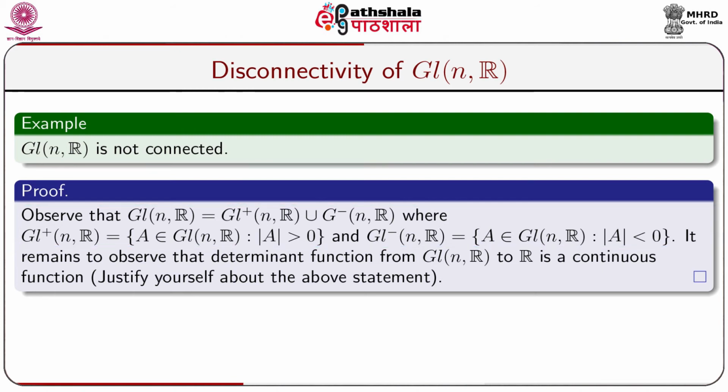That means we get two disjoint open sets of GL(n, R) whose union is equal to GL(n, R). Therefore, GL(n, R) is disconnected.